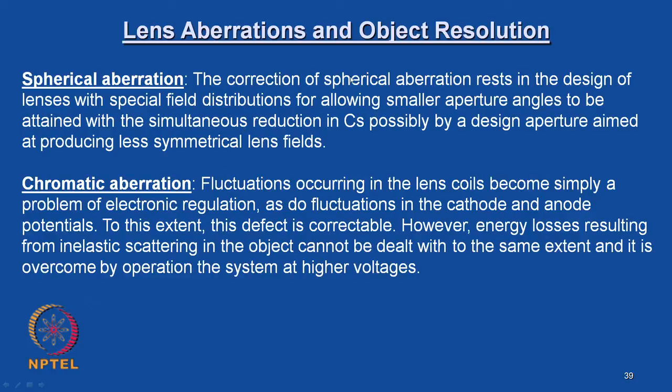Spherical aberration: the correction of the spherical aberration rests in the design of lenses with special field distributions, allowing smaller aperture angles to be attained with the simultaneous reduction in CS, possibly by a design aperture aimed at producing less symmetrical lens fields.